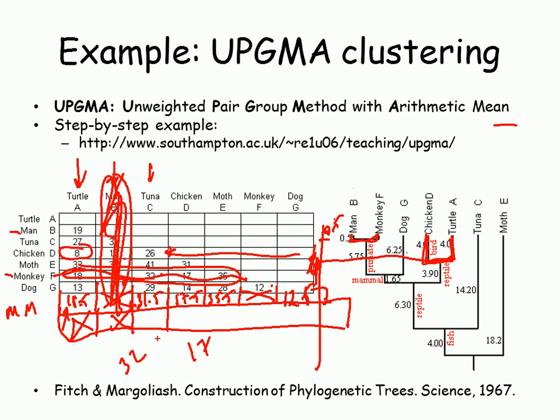What's the distance between tuna and this new turtle and chicken, TC? So you need to find the distance between turtle and tuna and chicken and tuna and take their average. Turtle and tuna is 27. And chicken and tuna is 26. So that gives you 26.5.